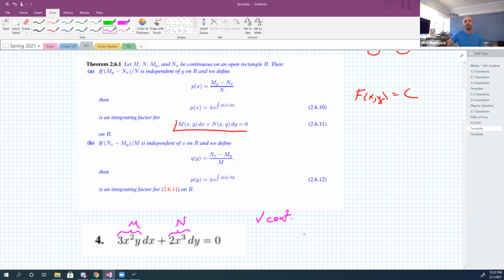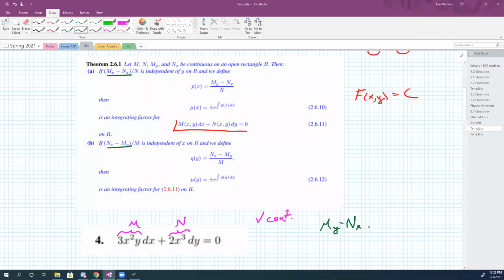Right? So now I'm thinking, in the case of my function here, I'm going to calculate the top part of these two fractions, and I'm always going to do that. So this one's My minus Nx, this one's Nx minus My. So I'm going to just calculate My minus Nx. By the way, I did not realize that for so many problems.